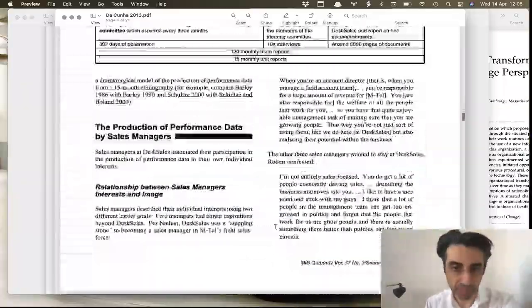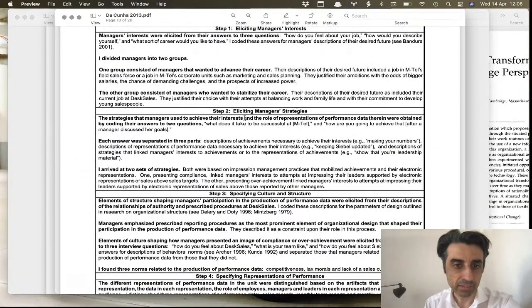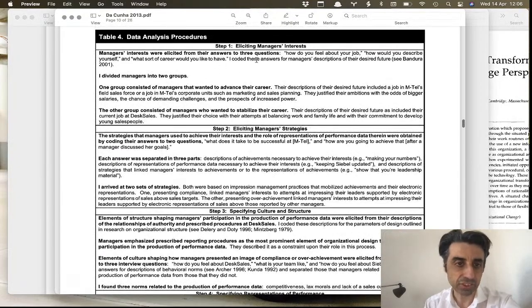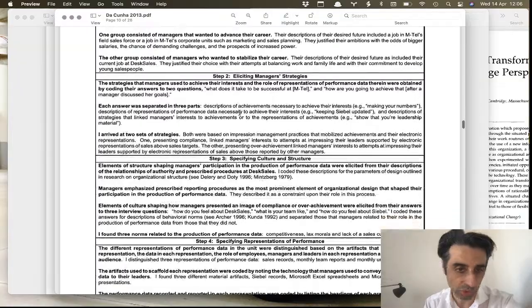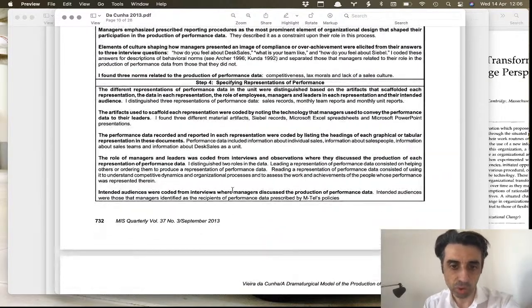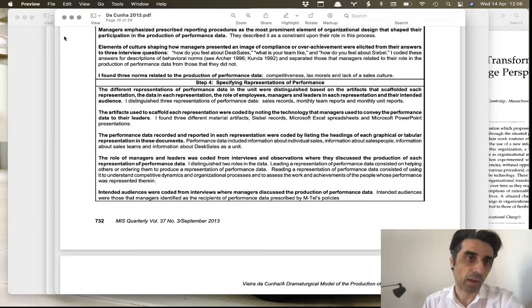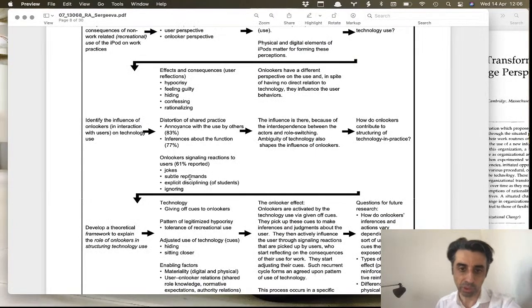So if you look at my paper, I do have steps, but this doesn't show the changes in the research question, changes in codes, and so on. It's like data comes in at this end, codes come out at this end. So it's not this richness and beauty that is here.